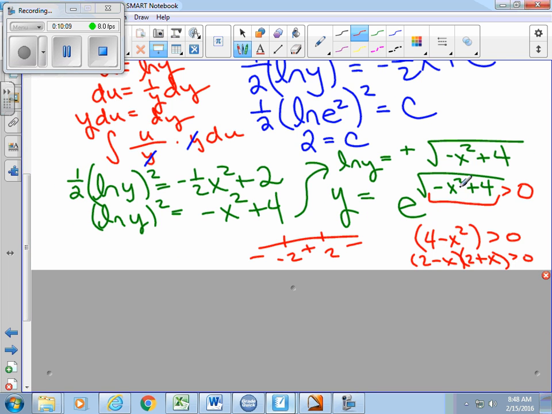If this exponent is 0, what's e to the 0 power? And y can't be 1. Oh, because it's e to 0 on the top. So that's why we're just strictly greater than 0.